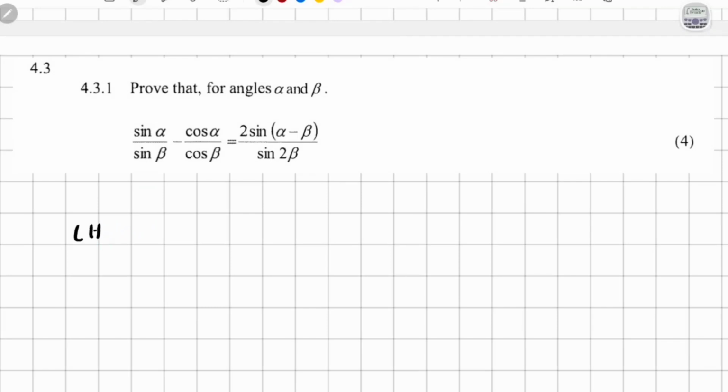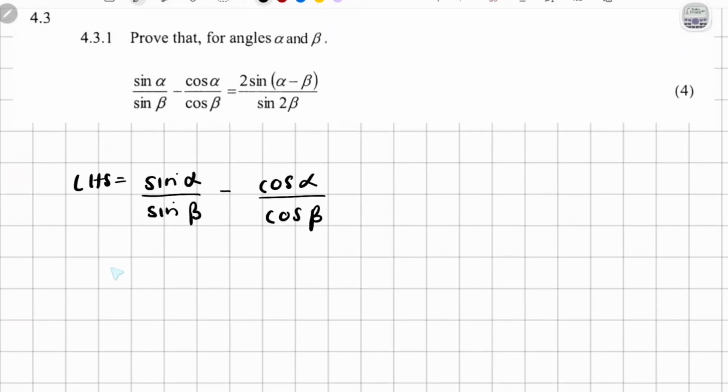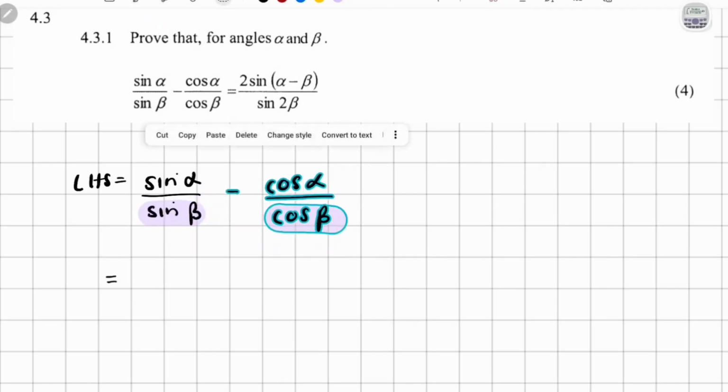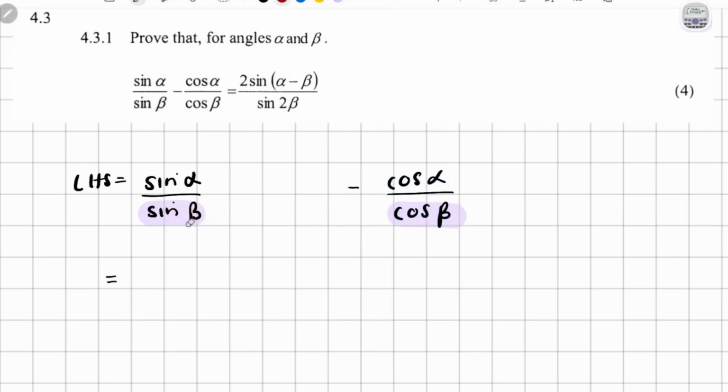So I'll start off by saying the left hand side is equal to, and I'll just rewrite whatever was on the left hand side. First of all, we are subtracting. When you are adding or subtracting fractions, the denominators must be the same. So how do we make these denominators the same? Since the denominator here is sine beta and this one is cos beta, you can multiply this by cos beta over cos beta, numerator and denominator by the same thing.